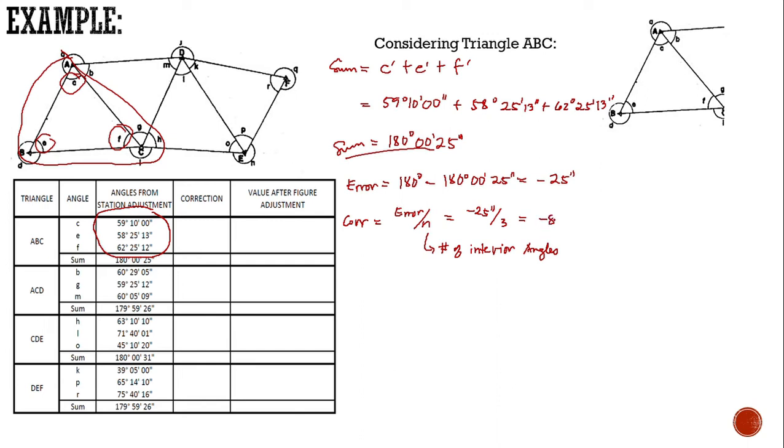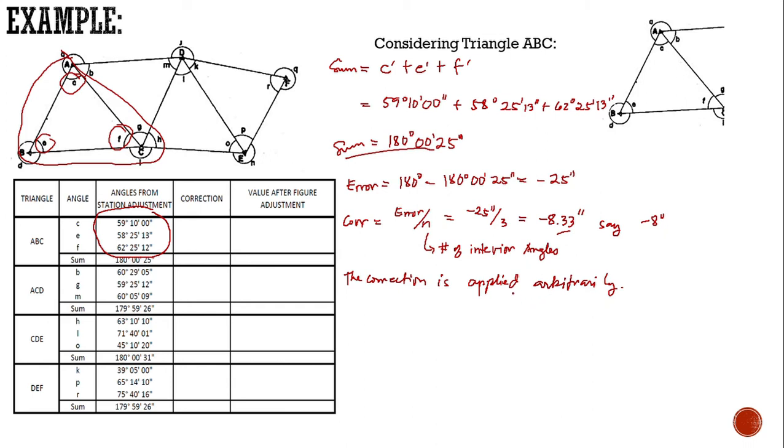negative 8.33. Say, negative 8 seconds. In applying this correction, the correction is applied arbitrarily, since we have an extra 0.33 second.